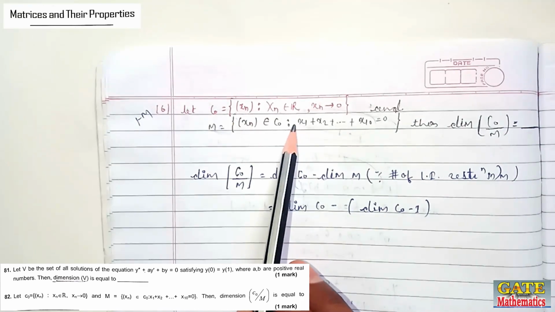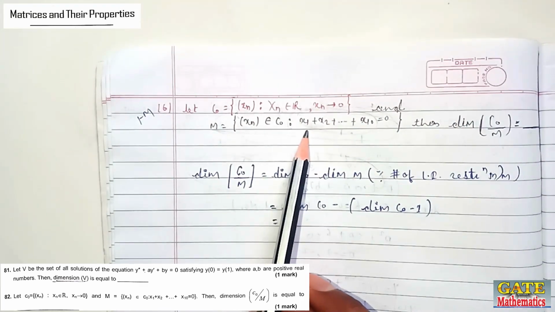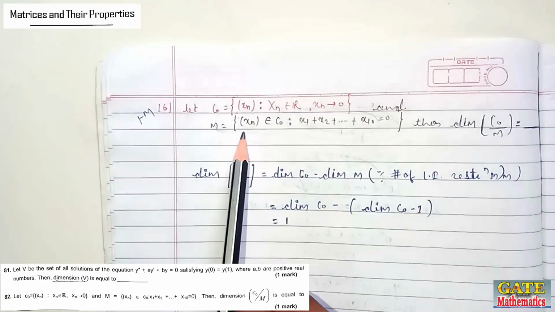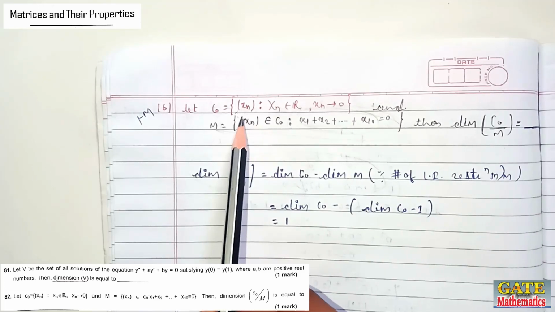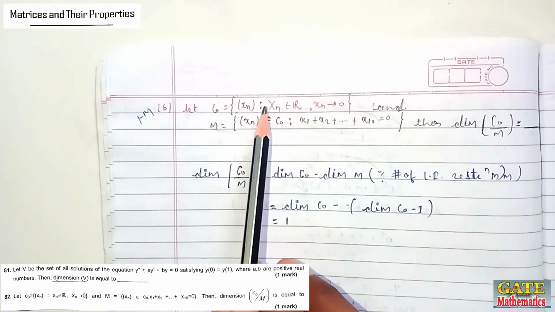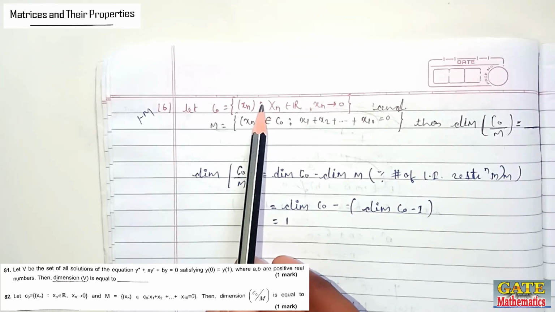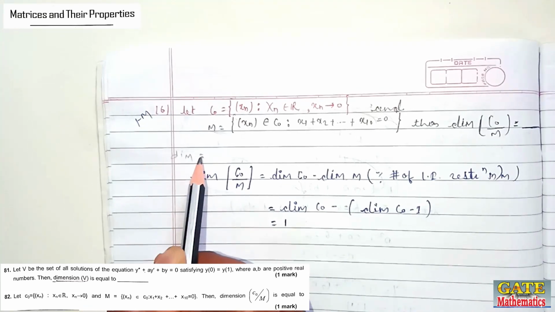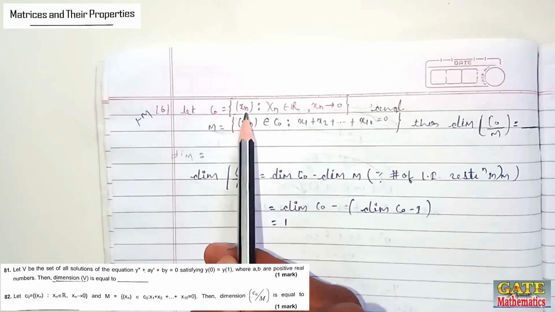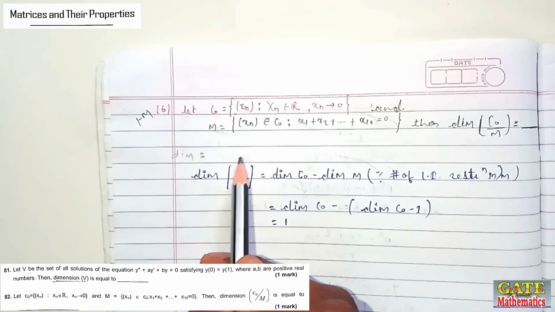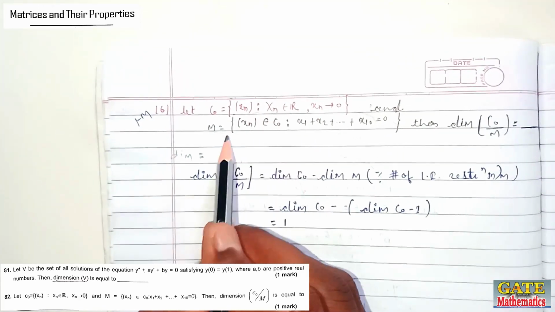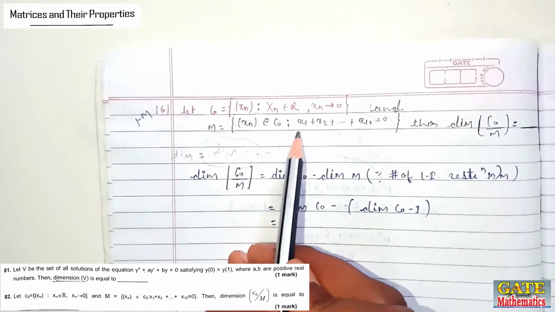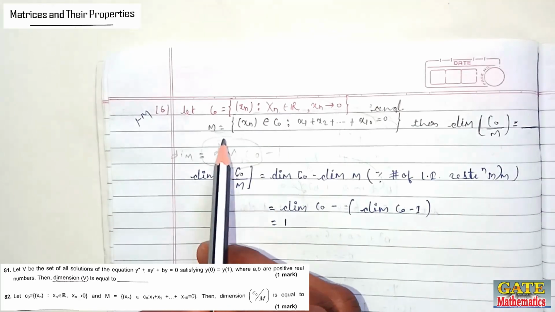But if we take that restriction out, then we get the dimension of M. I can write the dimension of M as the dimension of c0 minus the number of linearly independent restrictions, which is 1. We have only one restriction and we have to take it out from here.